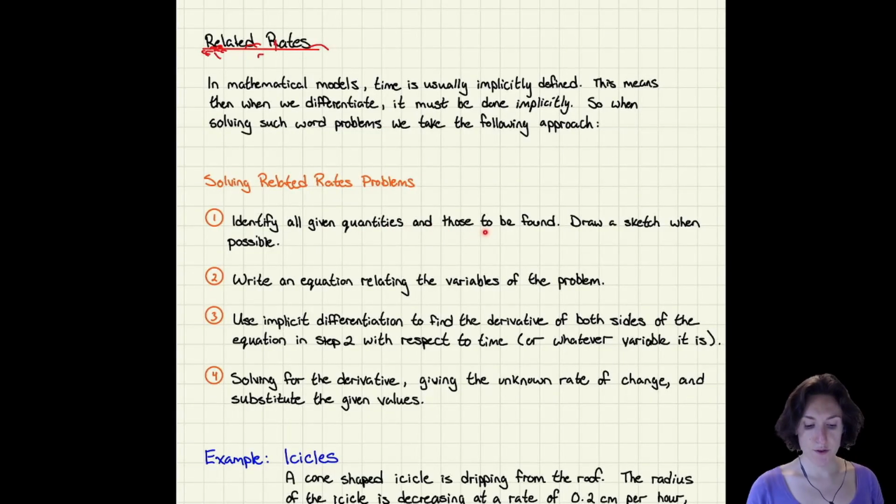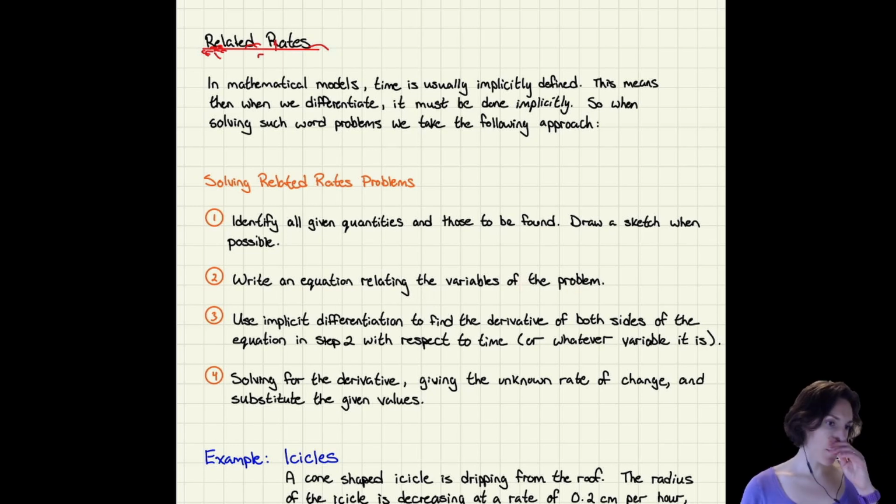The first thing that we do is identify all the quantities that we have and the ones that we need to figure out. And if possible, I highly recommend that you draw a sketch of the situation. It really does help you visualize what's going on and what parameters correspond to what. The next thing is we write an equation relating all the variables of the problem.